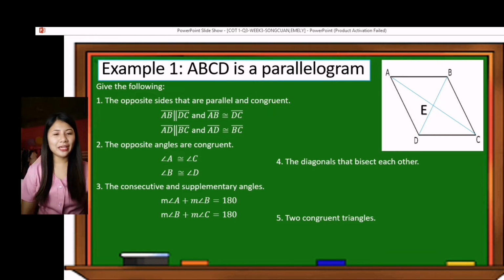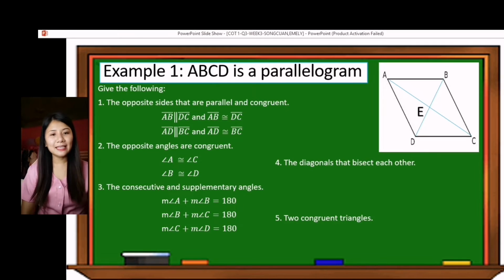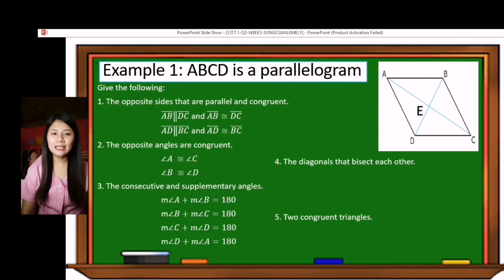The measure of angle B plus the measure of angle C is equal to 180 degrees also. The measure of angle C plus the measure of angle D is equal to 180 degrees. And the measure of angle D plus the measure of angle A is also equal to 180 degrees.